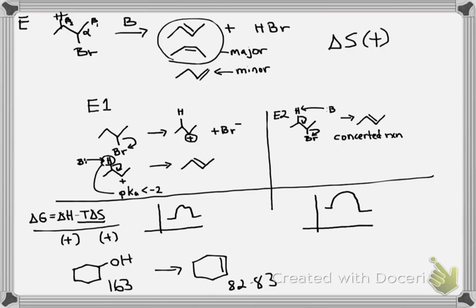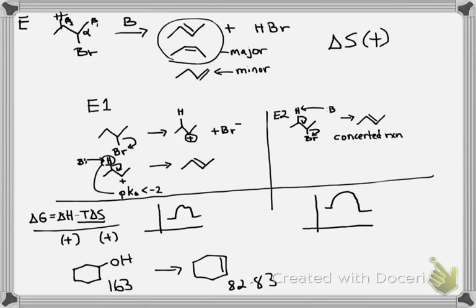Okay, so rate laws. We said certain pKa's also influence. I'll get to that. For this one, it doesn't matter as much, because the activation energy is reasonably low for E1. The slow step is the formation of the carbocation.